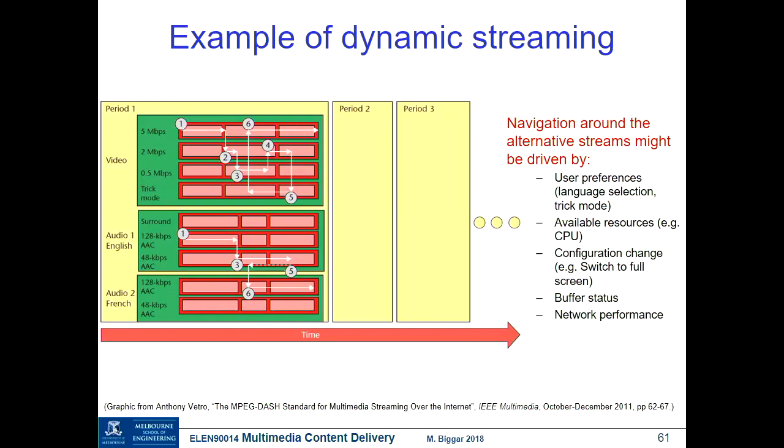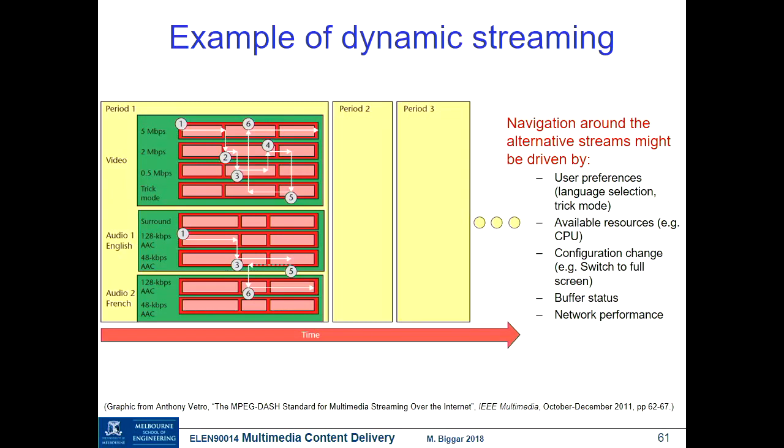So at point number 5, we've jumped out of the real-time playback and gone into the trick mode to rewind past. Maybe we go back through a series of stills, and we start playing at point number 6 at a high rate and in French, right? And just decide to switch over to another language and continue on.